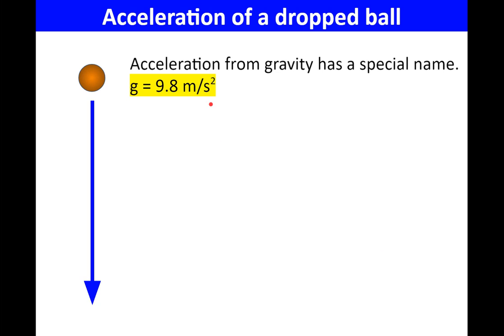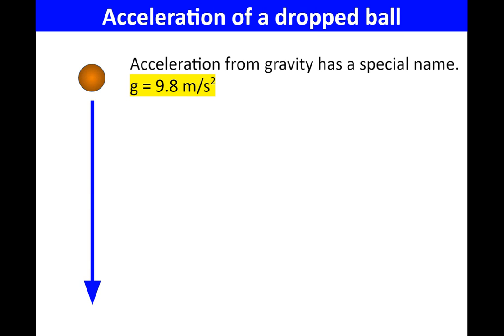That means if you drop anything from a height, even you jumping up in the air and falling from the 2 feet up that you jumped, you're going to fall with an acceleration of 9.8 meters per second squared. That means you're going to get 9.8 meters per second faster every second that you're dropping.